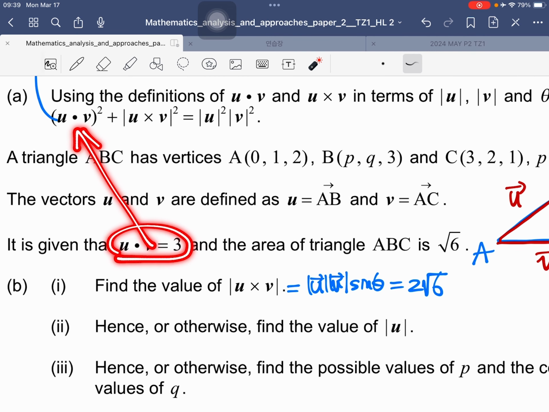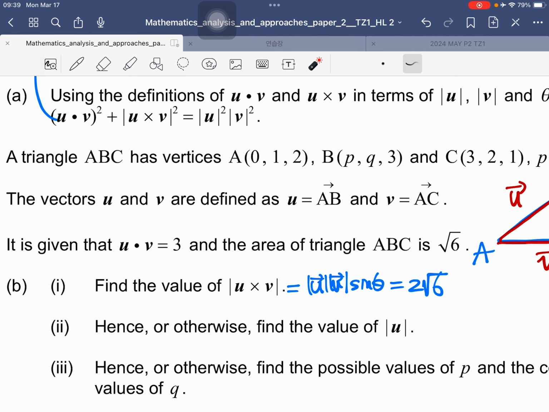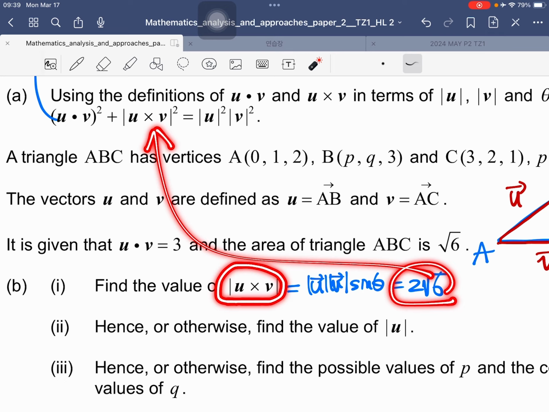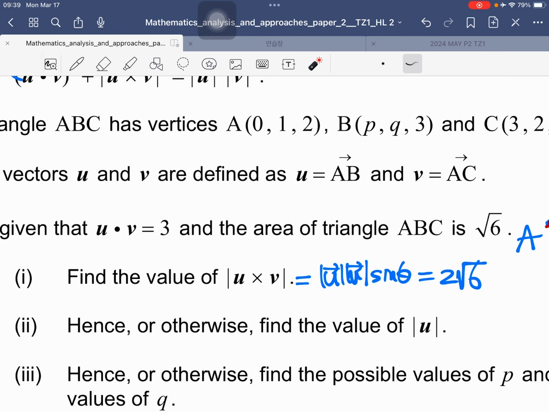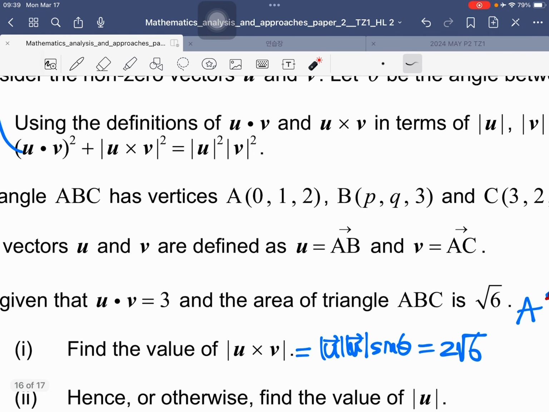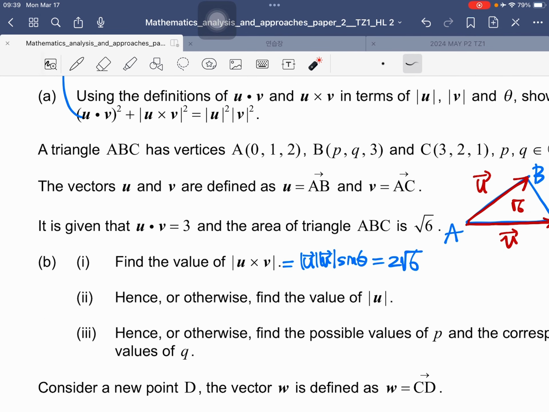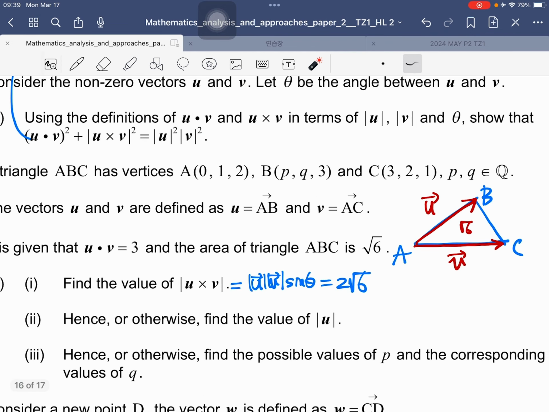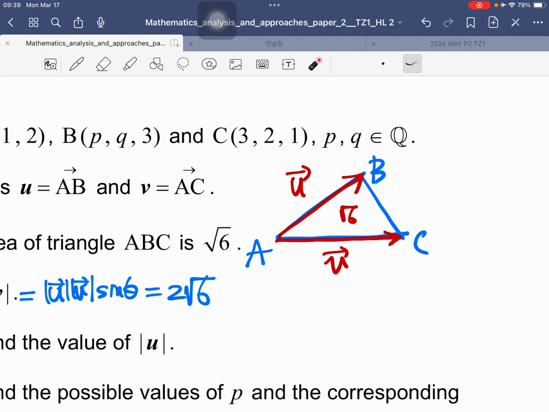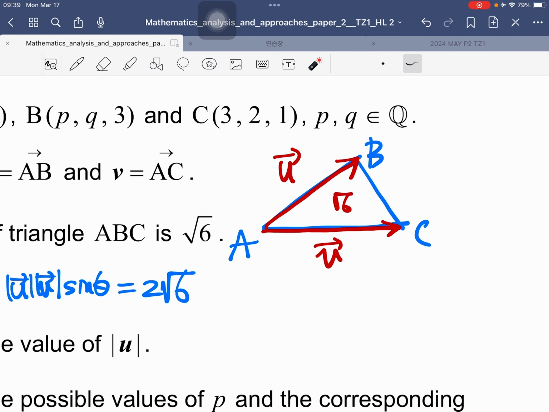We know this value, and we already found that the absolute value of u cross v is 2 square root of 6. These are known values. We need to find the magnitude of u, and we also need the magnitude of v squared. So we need to find the v vector exactly.